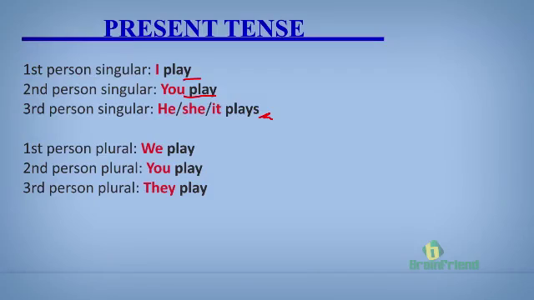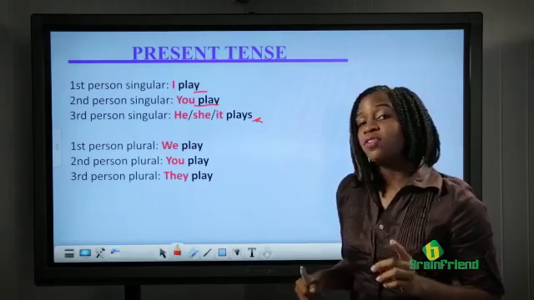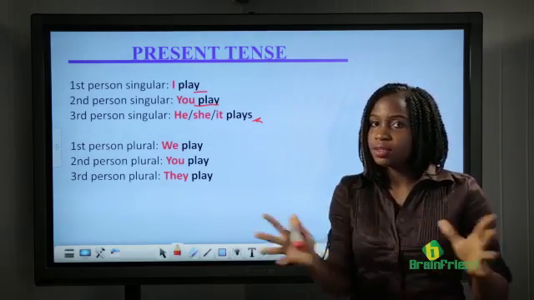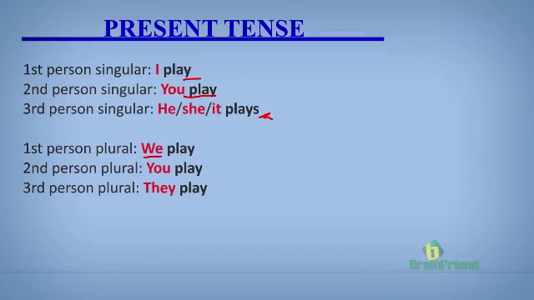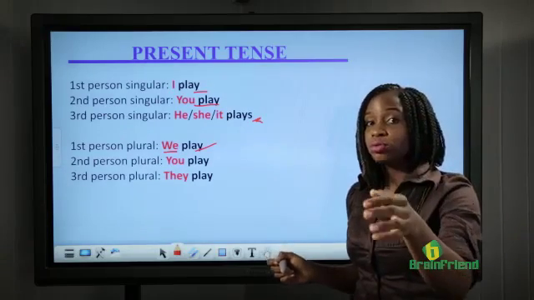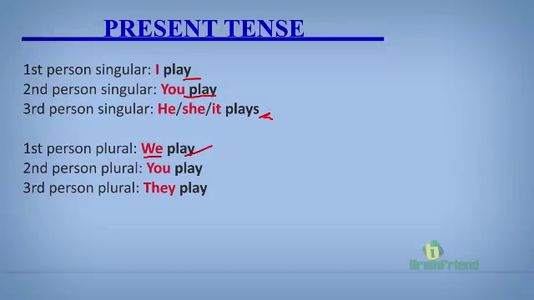So we say he plays or she plays every day. The same goes for the plural. The plural talks about more than one. So if I'm talking about myself and my friends, I can say we play every day. If I'm talking about you and your friends, I can say you play every day, or you all play every day.